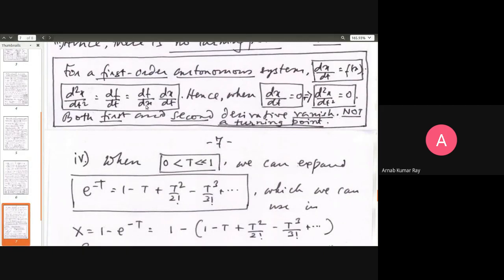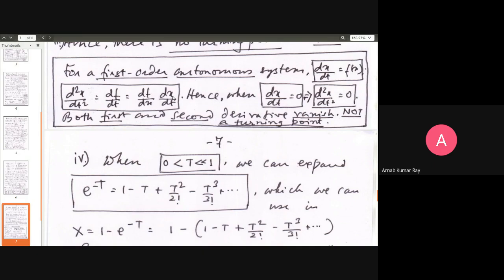So when dx/dt is equal to 0, if you look at this formula, this thing is equal to 0, d2x/dt squared is also equal to 0. Otherwise, it wouldn't happen. This is a general proof here. You have df/dx, we don't know what it is. It can be anything.